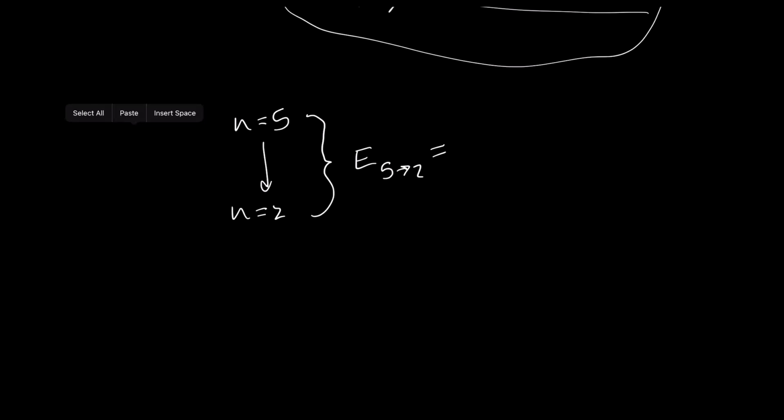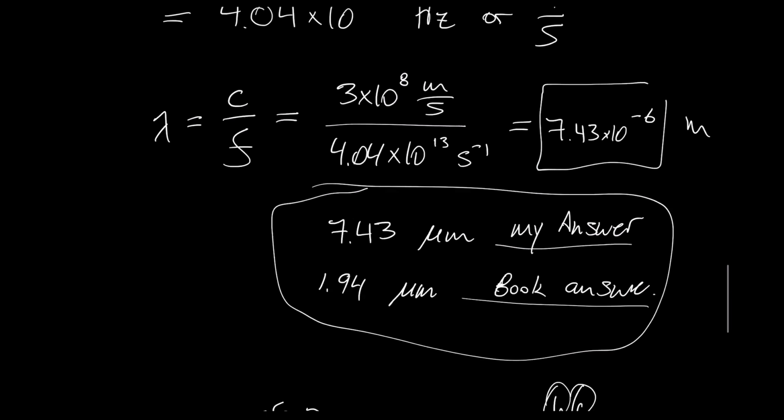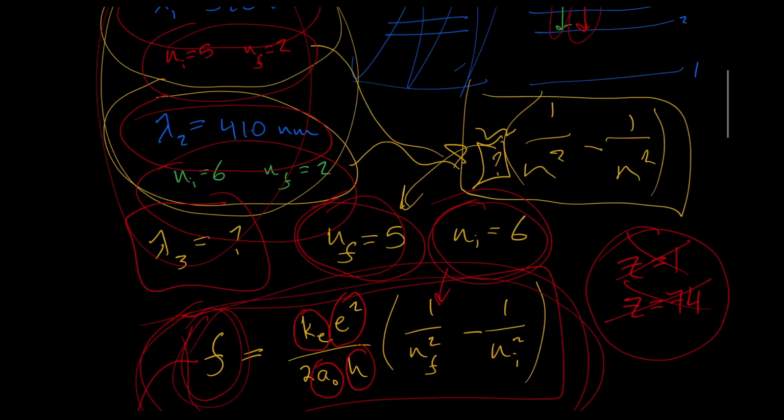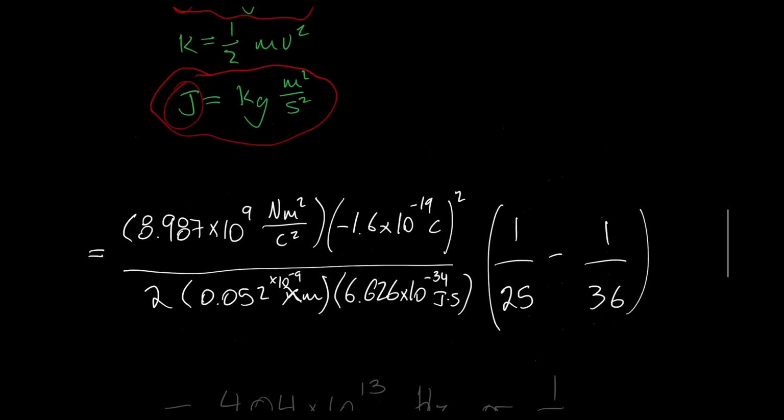How does it calculate this? It literally does hf is equal to hc over lambda, the equations that I showed you, and then they plug this stuff in. This is a constant, this is a constant, and this lambda is actually given to us. This lambda is this first one, 520 nanometers.